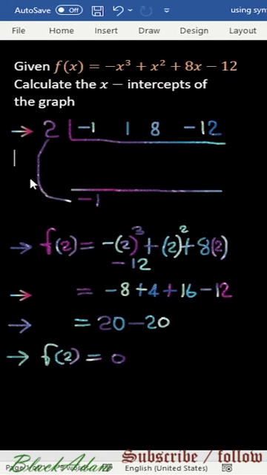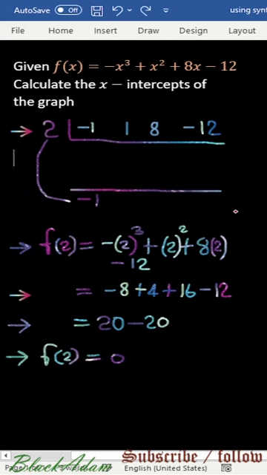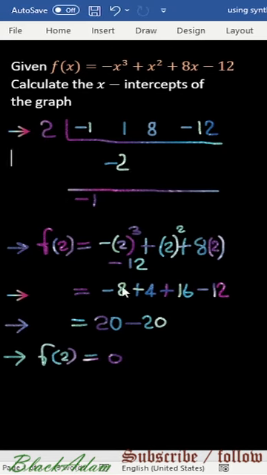So we use 2 times -1, multiplying that gives us -2.